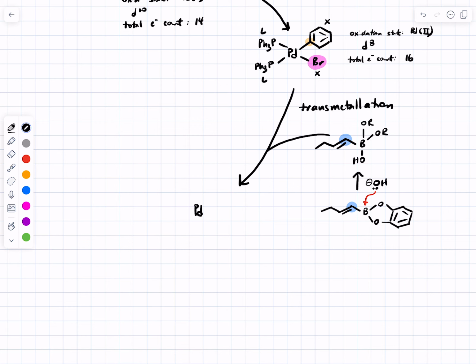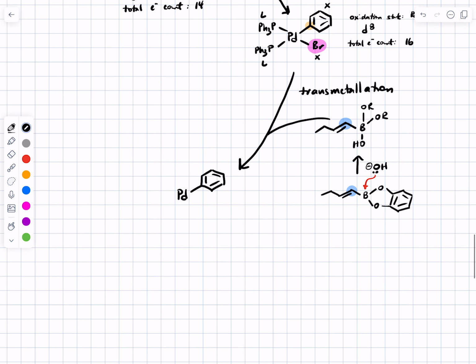More additional mechanistic details are probably available from people who know this area of chemistry better than me, but we won't talk about it, and you're not responsible for knowing the mechanistic details of this transmetallation reaction. In other words, you're not supposed to be able to push arrows for it. But you should see that the blue vinyl carbon has now been transferred to the palladium. The other two triphenylphosphine ligands are still there.